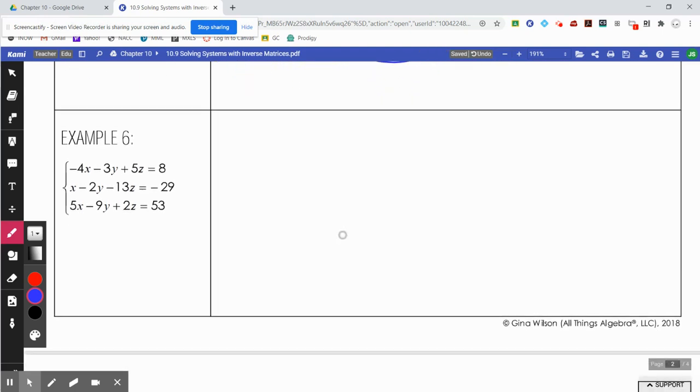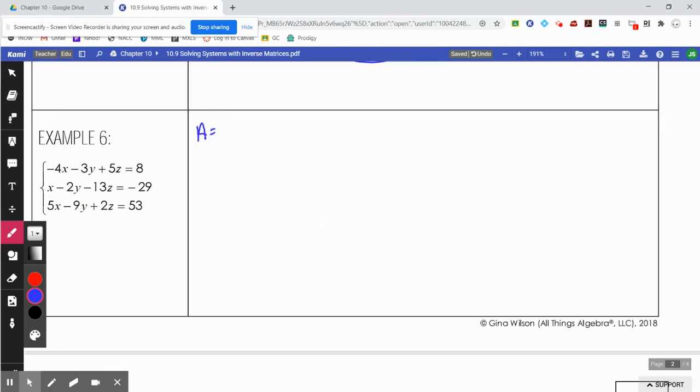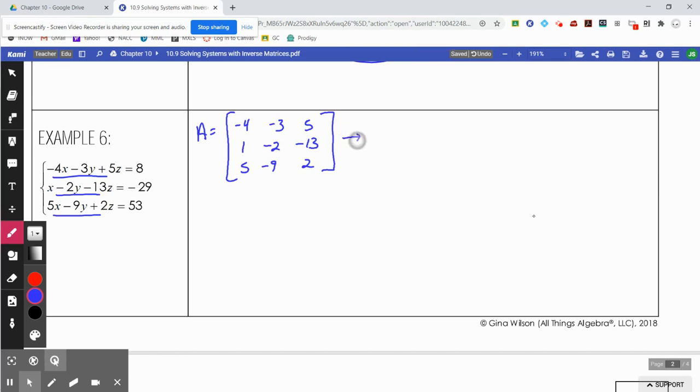Okay, last example here, example number 6. Again, just going to go through the process, not actually going to do it for you. We're going to take our coefficient matrix A, which is just taking your X, Y, and Z coefficients, which is this. Next up, you will find the inverse of that matrix, A inverse, and that's going to equal the following matrix.